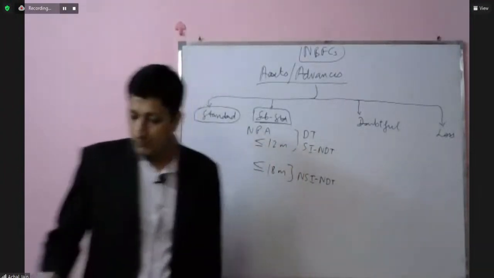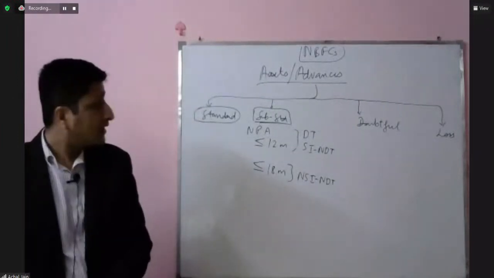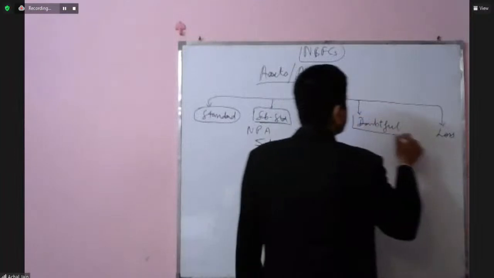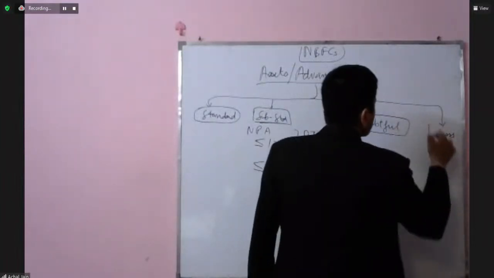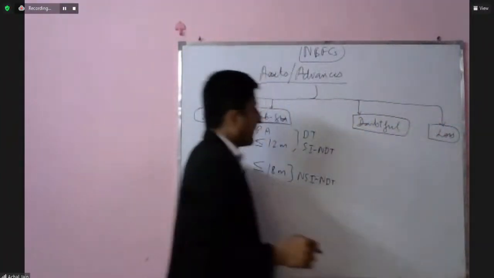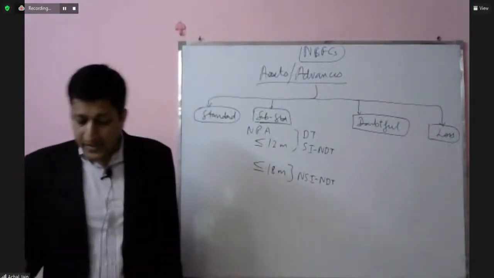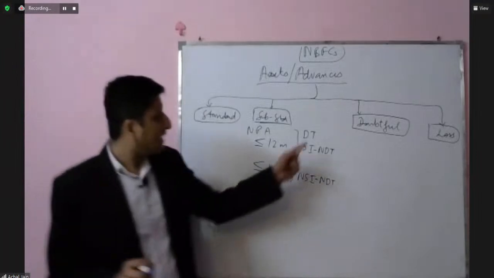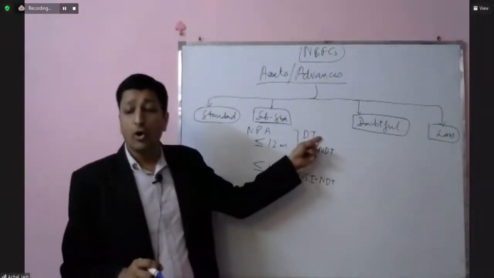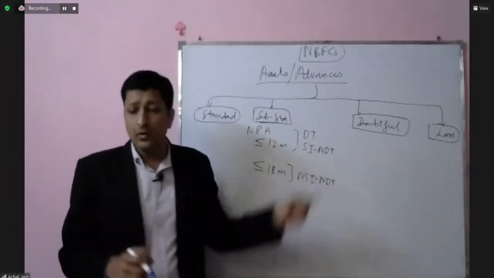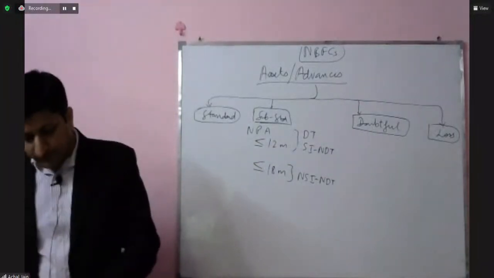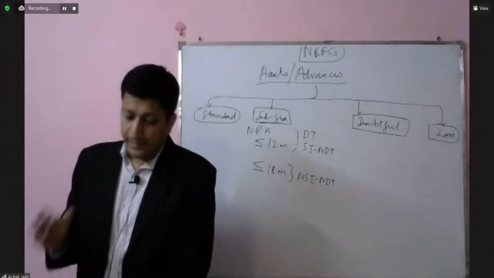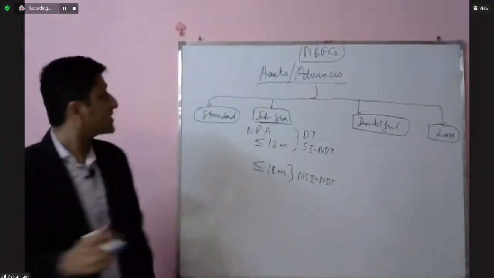Okay. Now moving on to the next category, doubtful assets. Once again, in case the NBFC is deposit taking or systemically important non-deposit taking, then the doubtful asset will mean a term loan, lease asset, hire purchase asset.